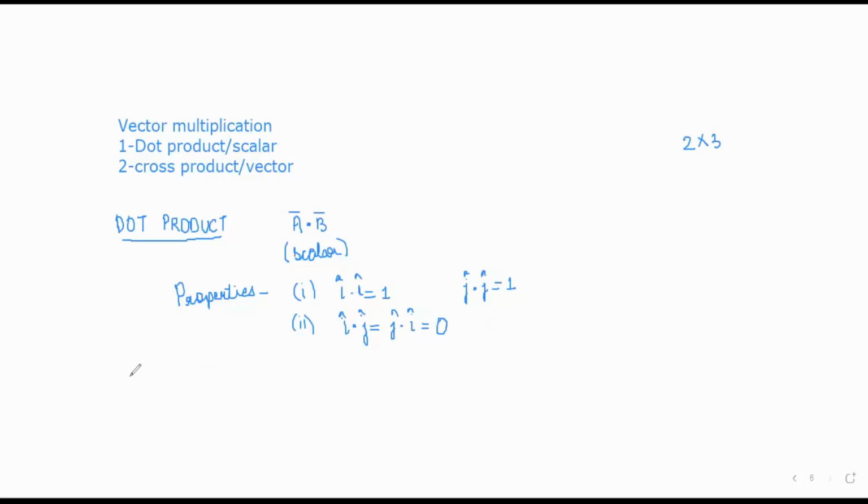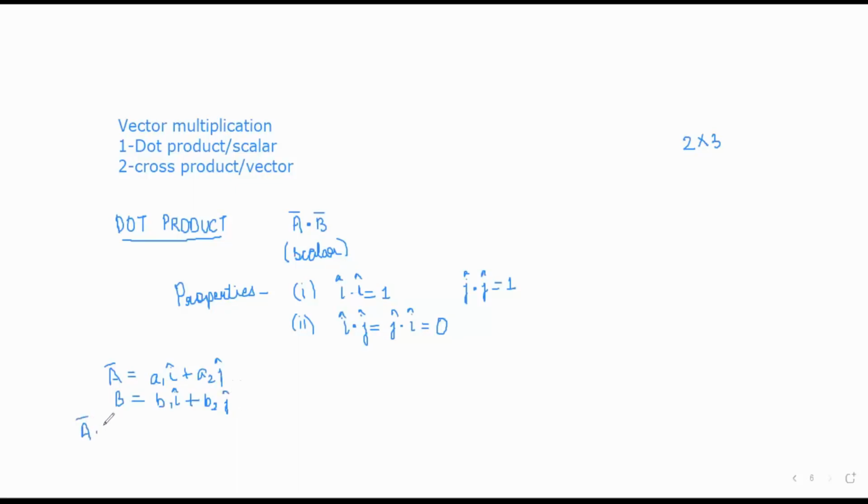Now let's derive this. Suppose we take A as a1 i plus a2 j, and B as b1 i plus b2 j.